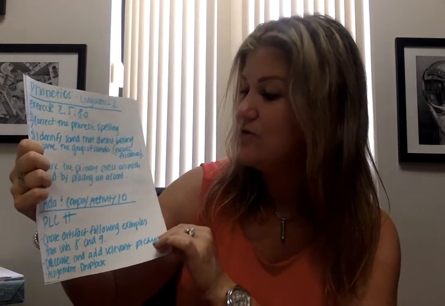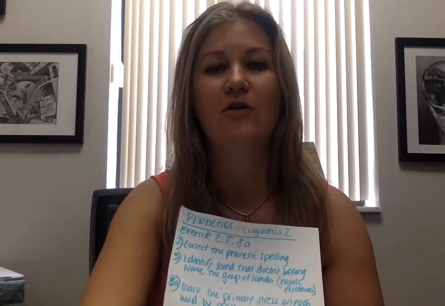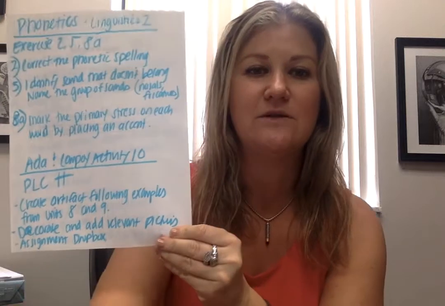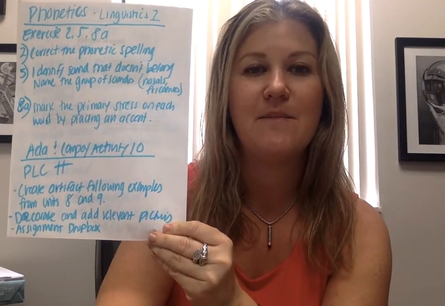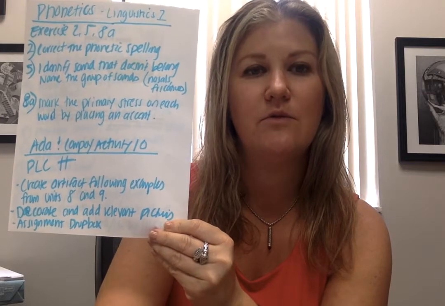It could be a poem, it could be a story, it could be a picture with explanations, whatever you would like it to be, and you're going to decorate it and add relevant pictures and then post it in the appropriate assignment Dropbox.